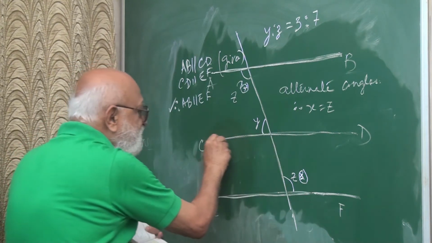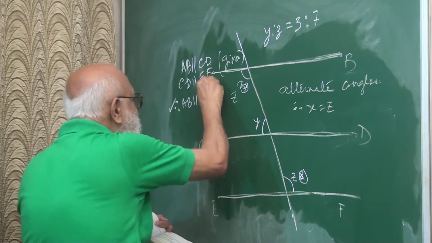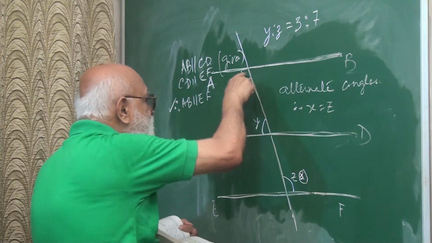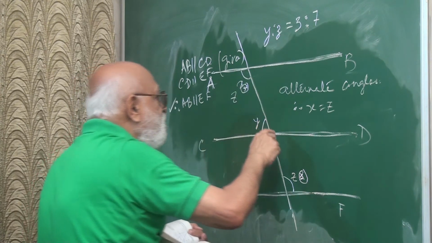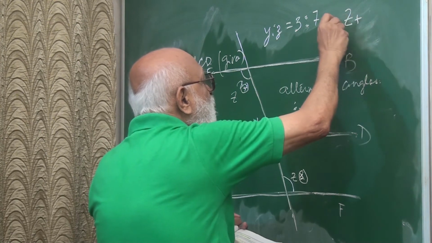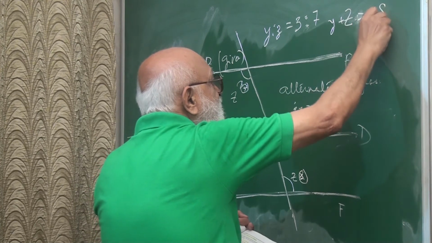So if you take CD and AB, they are parallel lines, they are consecutive angles, so they will be supplementary. So I can write Z plus Y or Y plus Z is equal to 180, given.